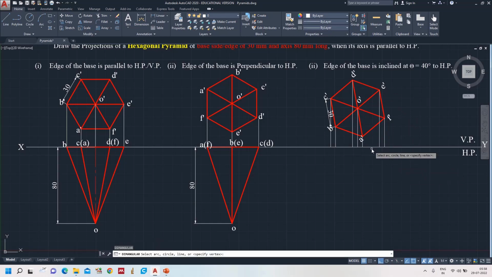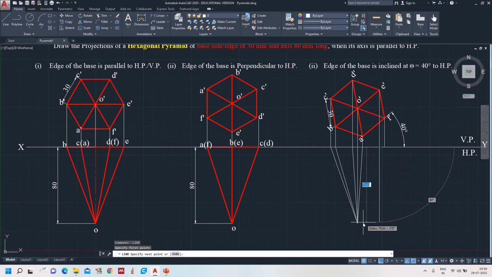Dimension, angular, 40 degrees. Okay, so this is the center one, 80 axis. Connect. Yes, now I connected everything.